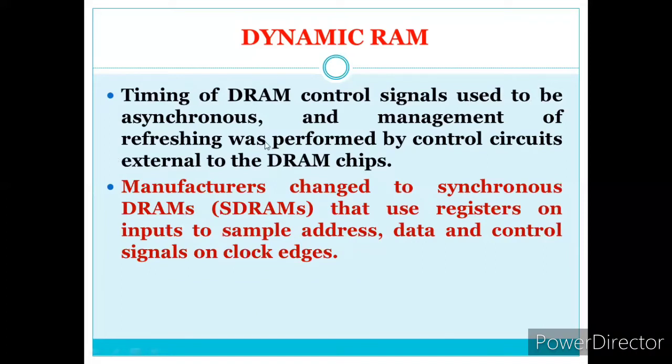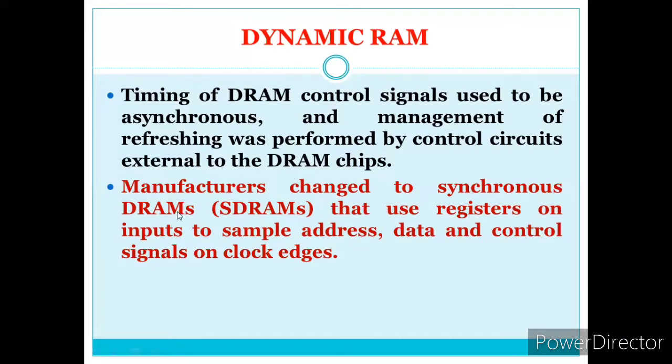If you observe the timing diagram of the DRAM, the control signal there is asynchronous in nature. So the refreshing of the DRAM was happening with the help of an external circuit connected to that DRAM. But due to technological updates, we are adding so much hardware that it gets refreshed within the chip itself.